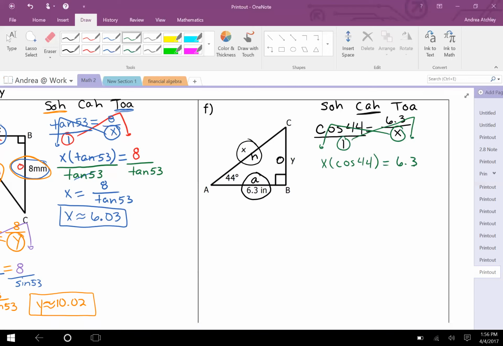We still need to get the x by itself, so I'm going to divide by the cosine of 44. So we're going to get x equals 6.3 divided by the cosine of 44. We're going to use our wonderful calculators now.